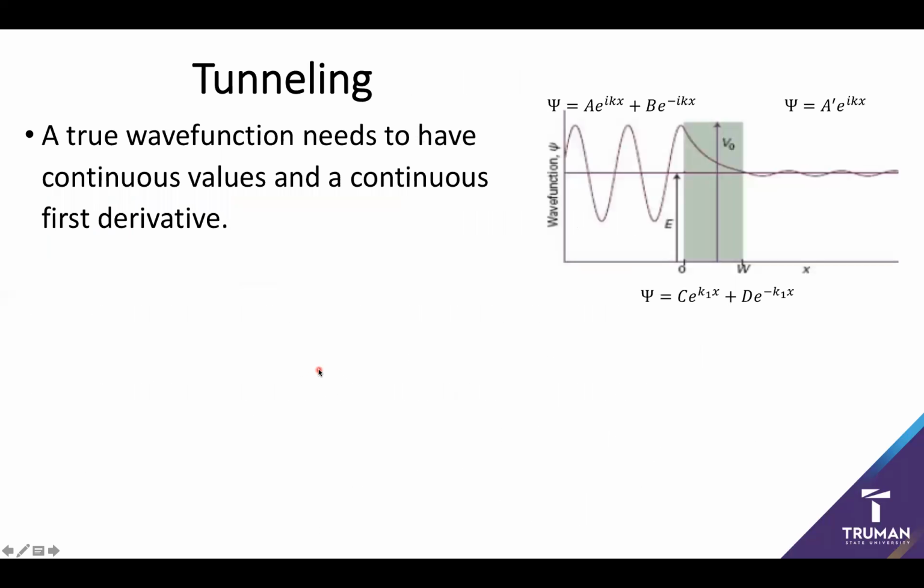So again, what we're going to find is that we're going to use a lot of the same tricks we used for the one-dimensional particle in a box, because what we're going to do is use the fact that our wave function has to be continuous. And now that we don't have an infinite well, its first derivative needs to be continuous as well.